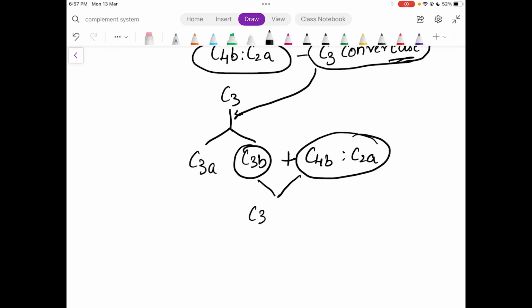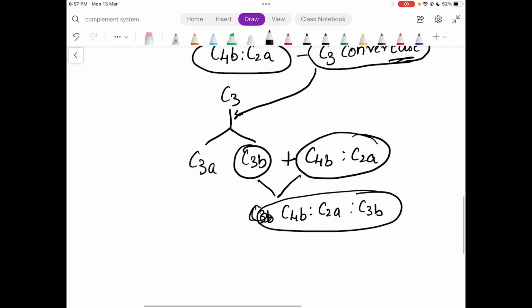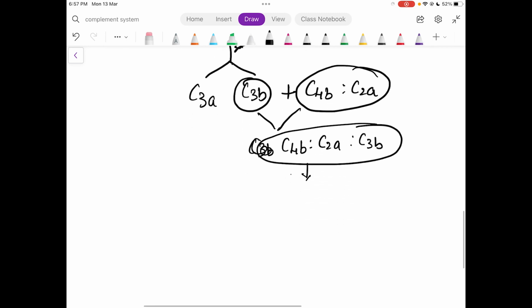We'll write it like this: C4B, C2A, and C3B. This complex is called C5 convertase.